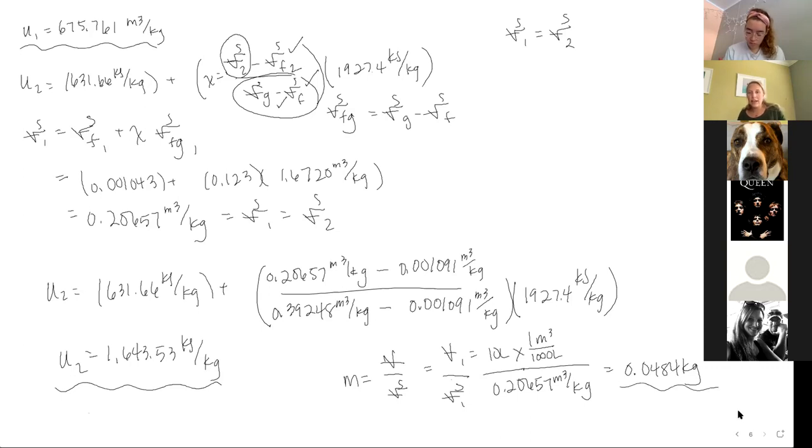So now we have everything we need to plug into our equation, which was our heat transfer: our mass times our change in internal energy, which is 0.0484 kilograms times U2 minus U1, which is going to be 1,643.53 minus 675.61 kilojoules per kilogram, which gives us kilojoules as our unit.